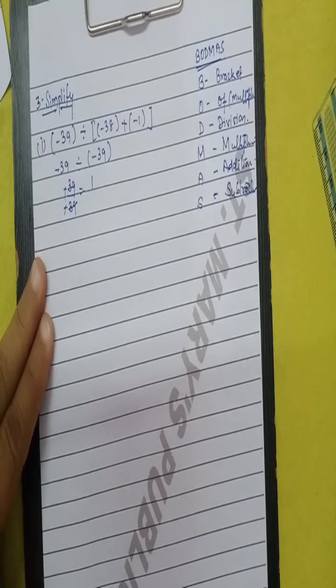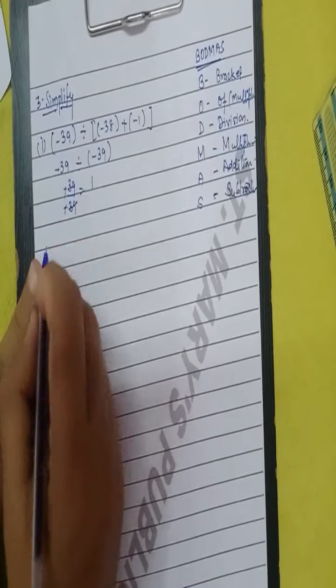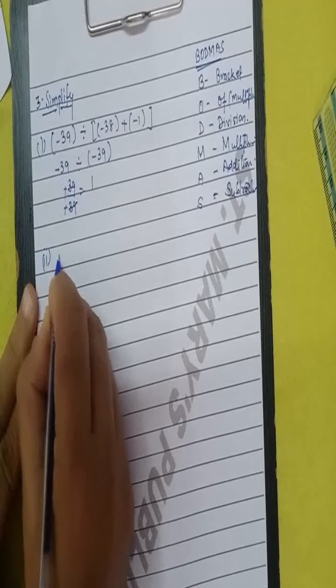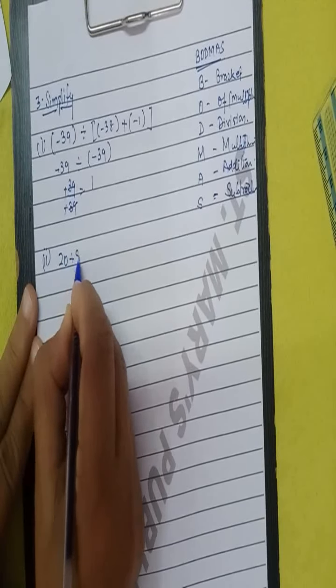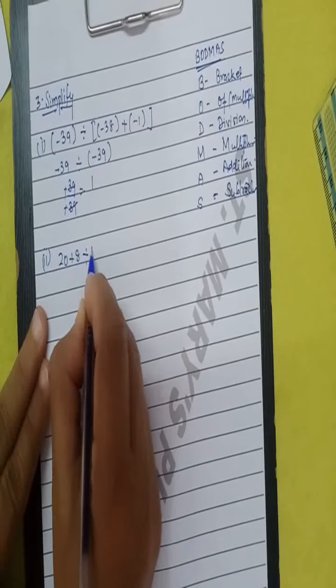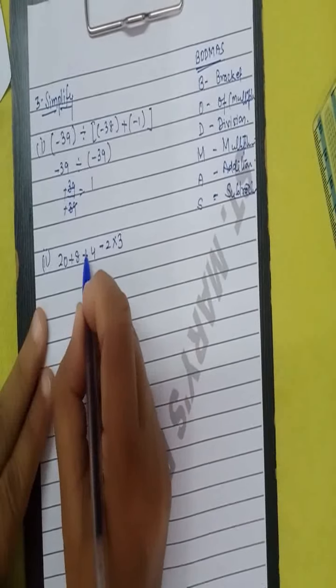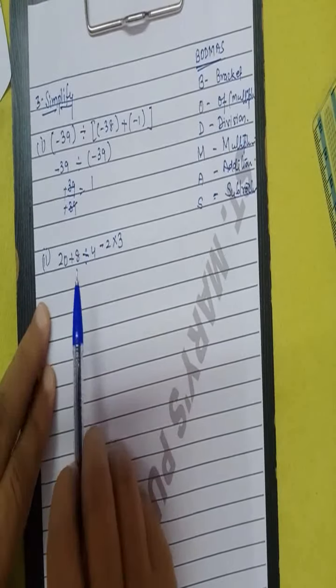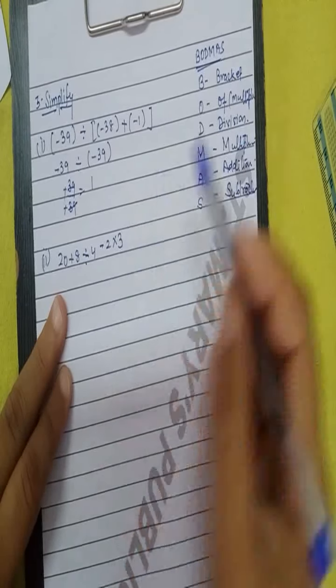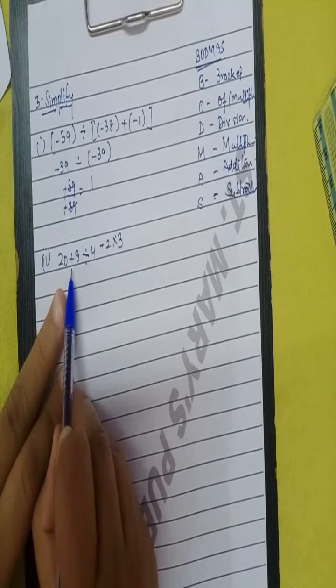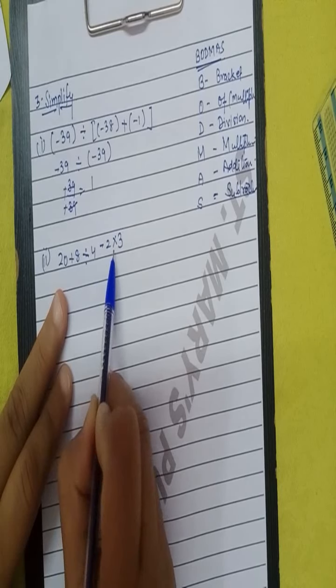I'll take one more example. Number 2: 20 plus 8 divided by 4 minus 2 into 3. See, now in this question I took all operations: addition, division, subtraction, multiplication.